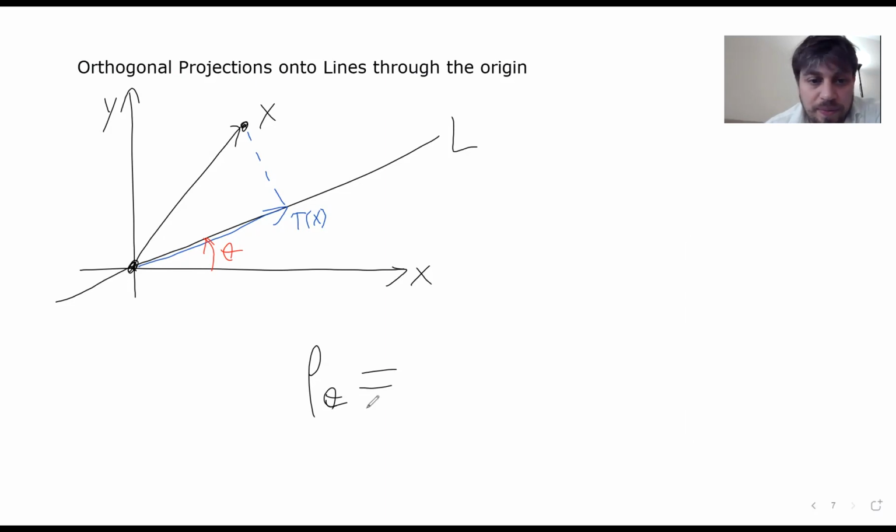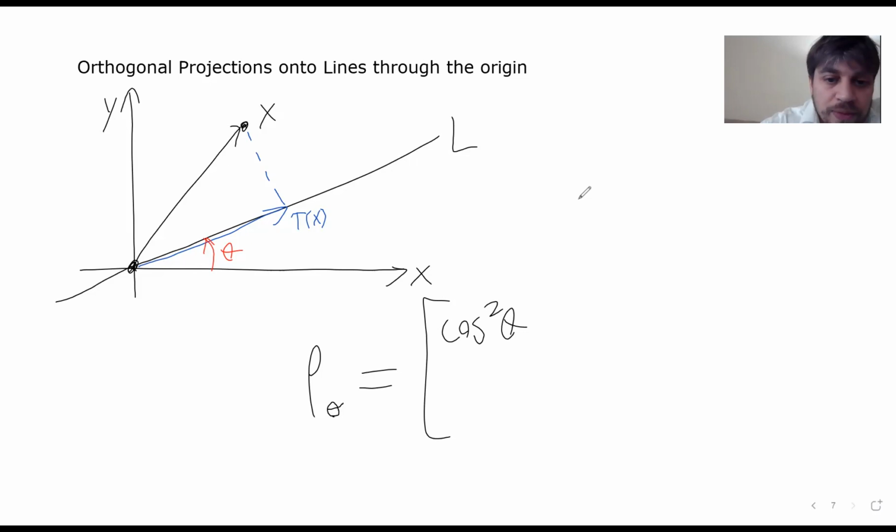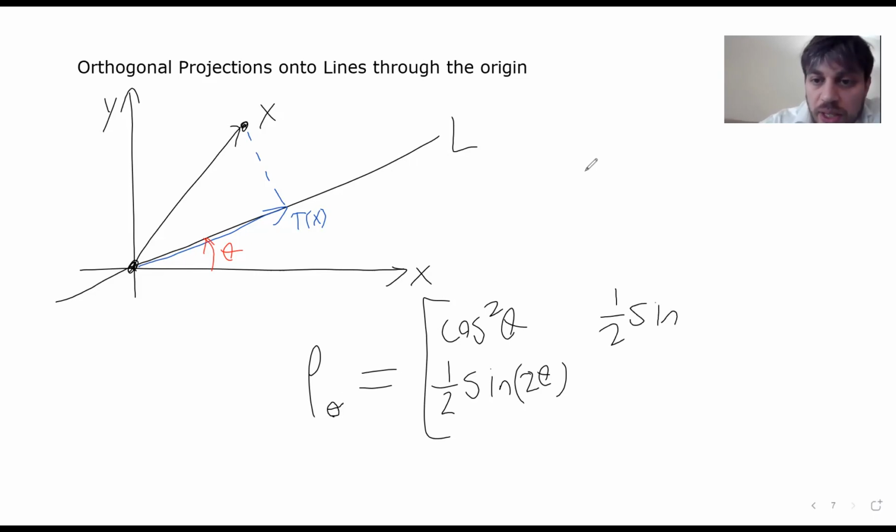The standard matrix for orthogonal projection onto a line L through the origin is: cosine squared theta, 1/2 sine of 2 theta for the first column, and the second column is 1/2 sine of 2 theta, then sine squared theta.